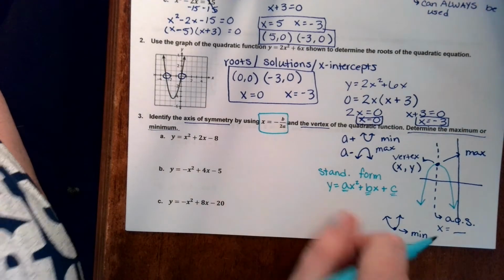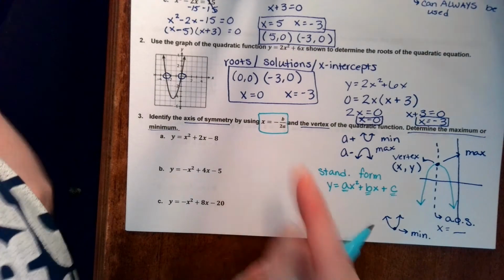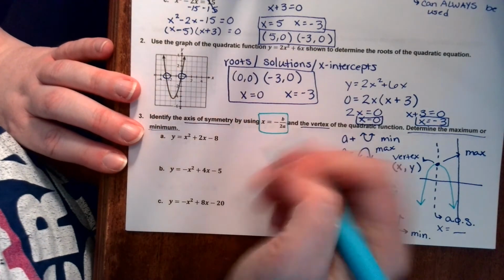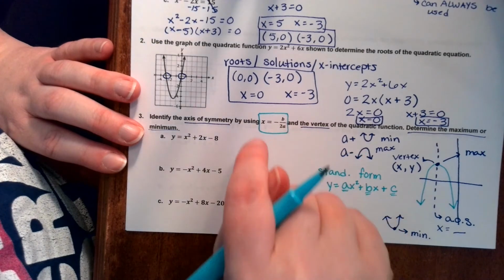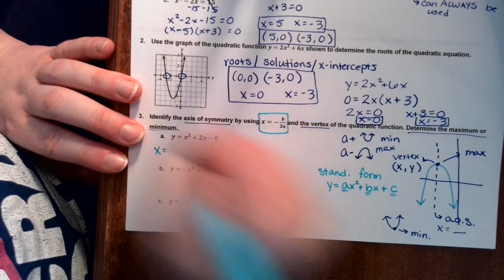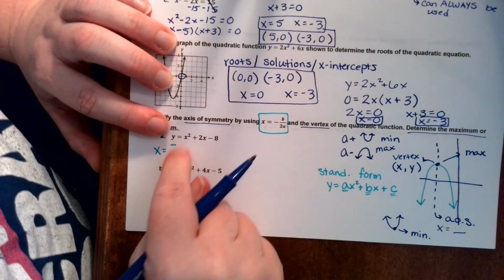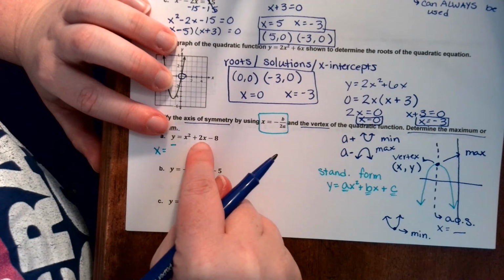It's actually part of the quadratic formula as well. It's kind of neat. The person who first discovered it was a lot smarter than I am. So we're going to use this formula to get the axis of symmetry. We have negative b over 2a. So x equals negative b. If I look at my equation, my b value is the number in front of the x.